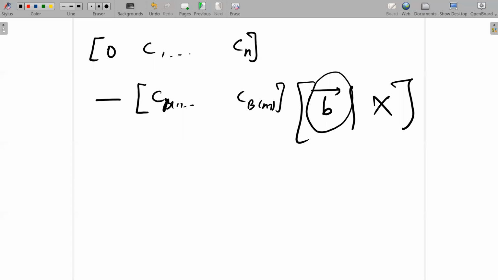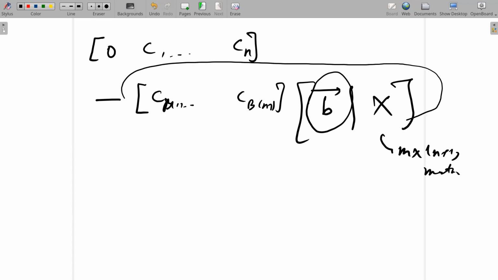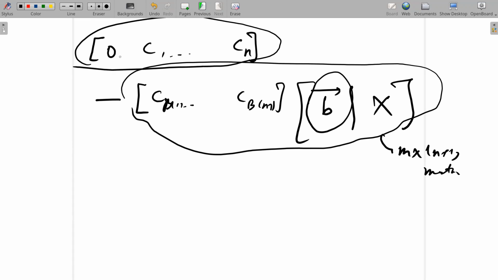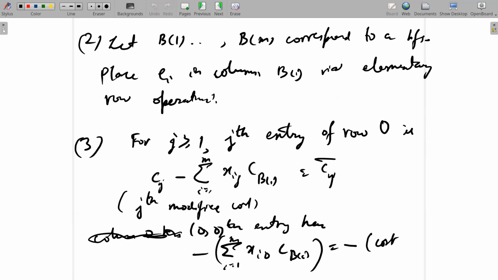So this is the 0th column and X. So this, by the way, is an m by n plus 1 matrix. And this is a 1 by m. So this product is in fact a 1 by n plus 1. And this is also 1 by n plus 1. So the first entry of this 1 by n plus 1 vector is nothing but minus of this, which is minus cost of current BFS.